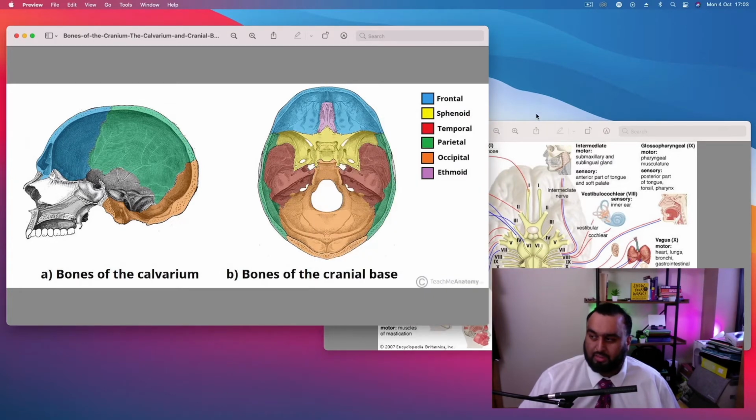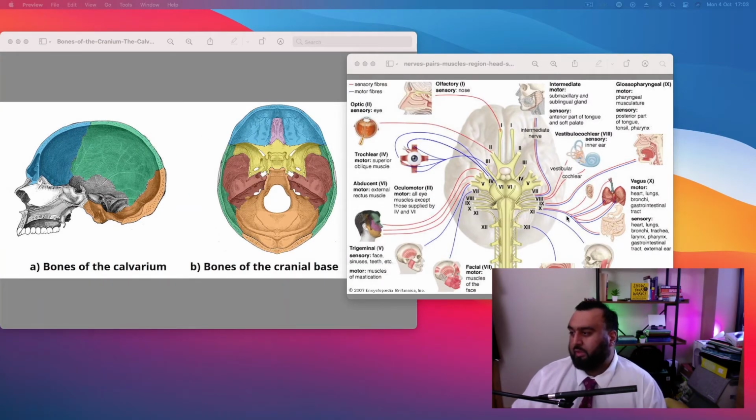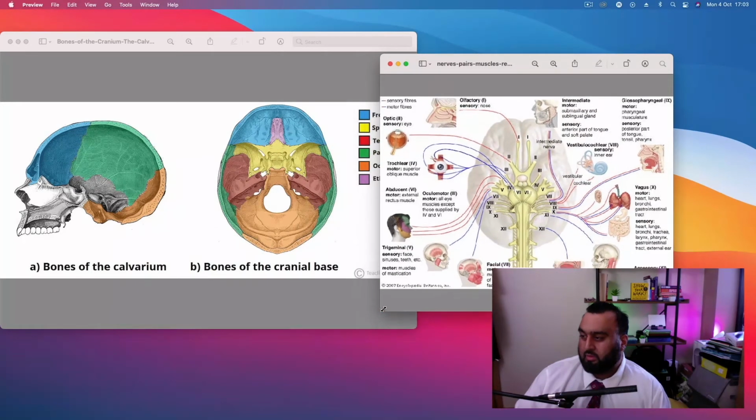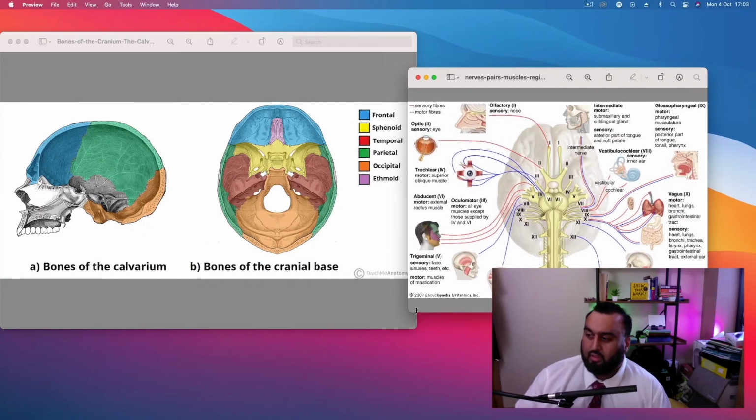So I'm hoping that made sense if you hold them side by side. Let's have a look. You got the first cranial nerve. Now, in this diagram, I really like this diagram because it's got the cranial nerve. It tells you what the name is and its function at the same time. Now, cranial nerves, which are named because they originate from the cranium, the head, the skull, brain, have their own particular function.